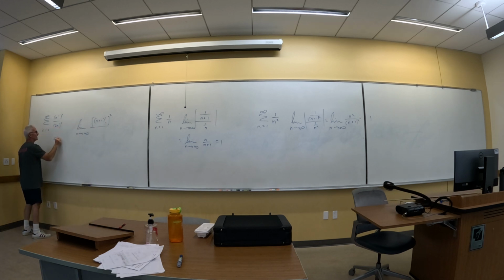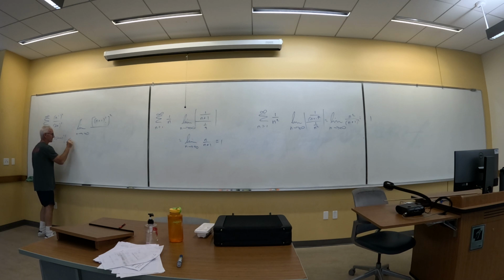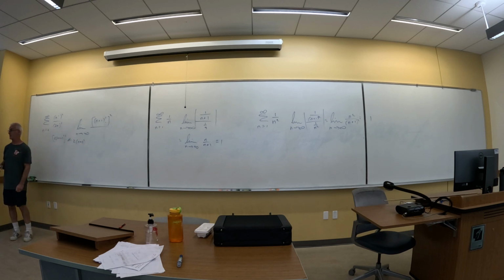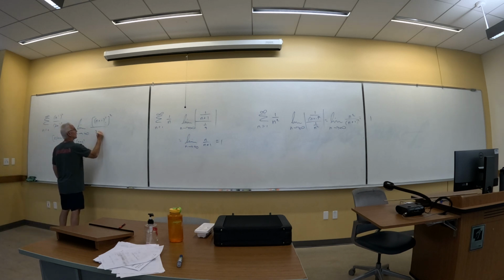It's 2n plus 1 quantity factorial. Are we okay with that? Right. That is not the same as 2n plus 1 factorial, which is a common mistake. I'm replacing n with n plus 1 before I get to the factorial. So that's 2n plus 2 quantity factorial.